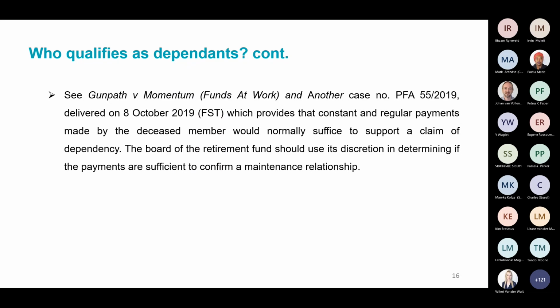Or even if people come forward and say, as sometimes happens, oh, I was also a dependent, I received X, Y, and Z amounts, then that person may also be asked, can you provide proof that these amounts were received on a regular basis?